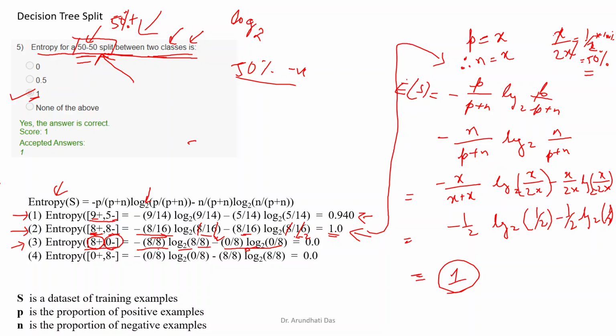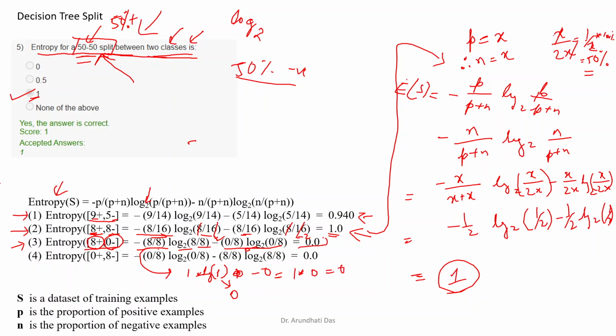And this 8 by 8 is 1, and log of 1 is what? Log of 1 is 0, so minus 0, which will give me 1 multiplied by 0, which is 0.